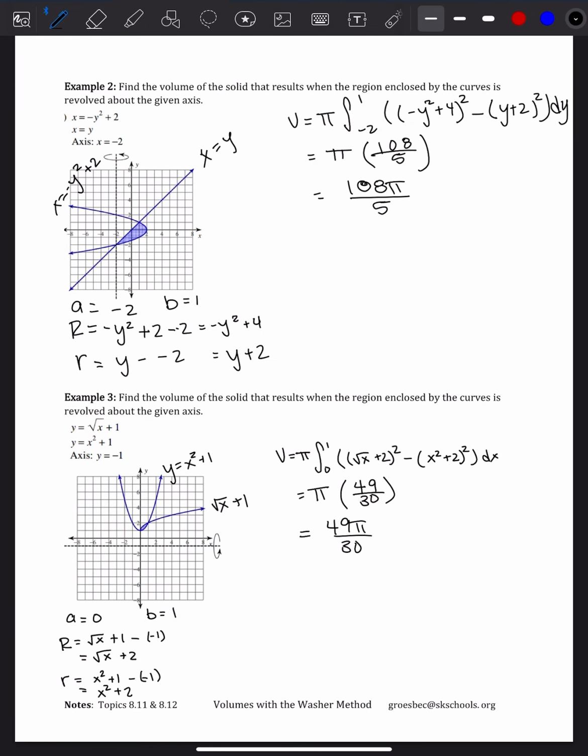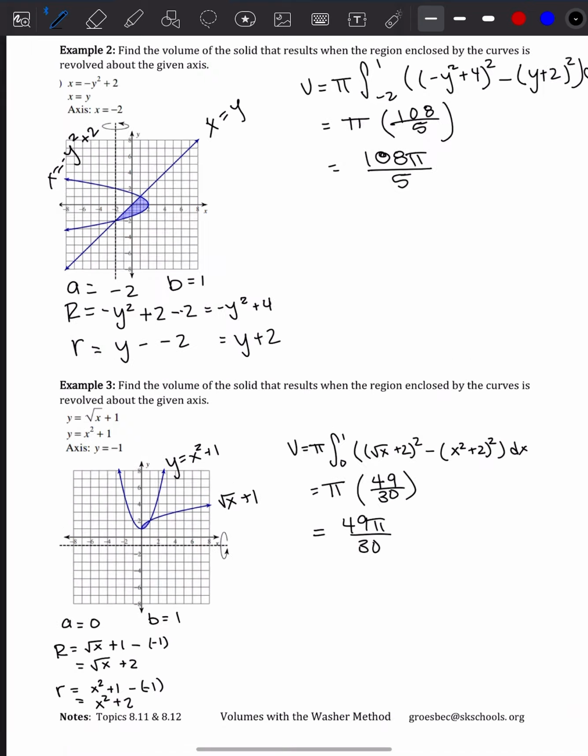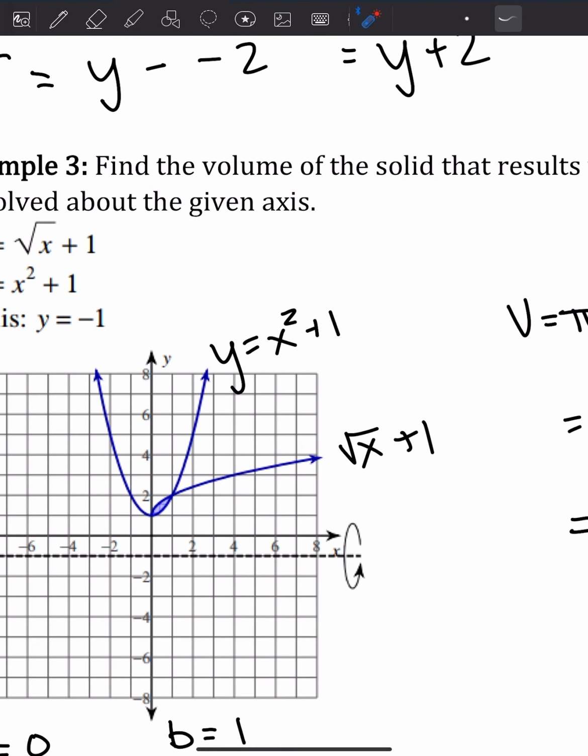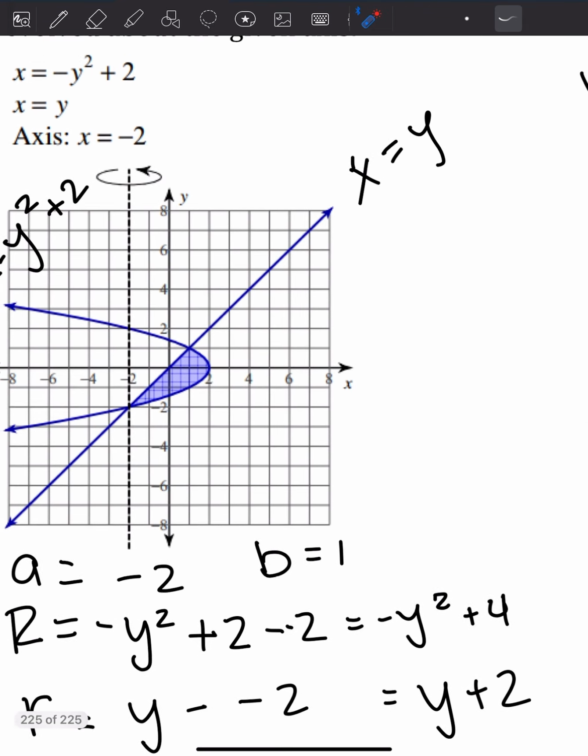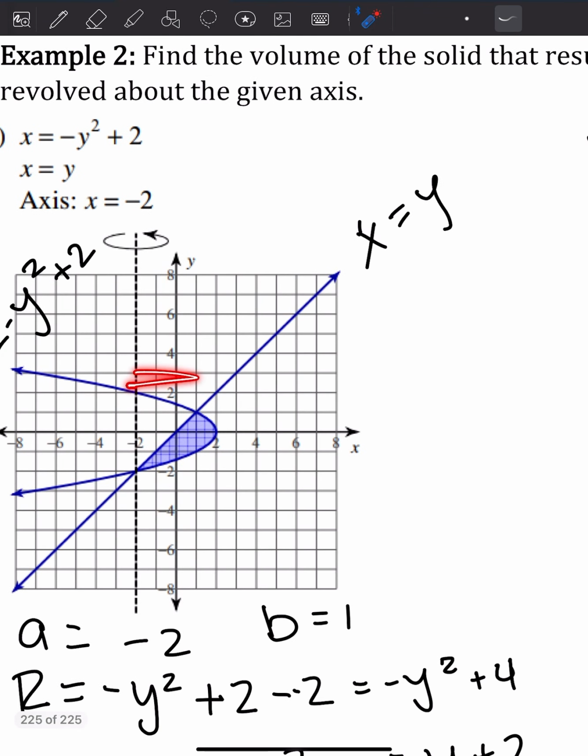So things that we want to remember with the washer method is we need space between the axis of revolution and what we're doing, and it's any space at all. So if we looked at that third example, none of this is touching the axis of revolution, while in the second example, all of this is space, even though it's attached right at that point. So if there's any space at all, we need to use the washer method.